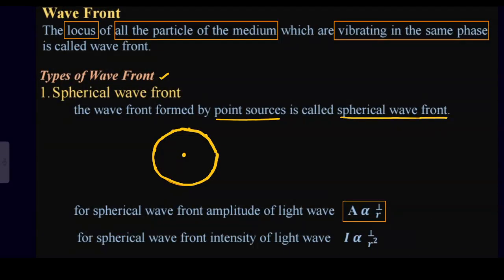Intensity is the square of the amplitude, that's why intensity is proportional to 1 by r square in the case of a spherical wavefront. These points are at the same distance, and they form a wavefront like this.